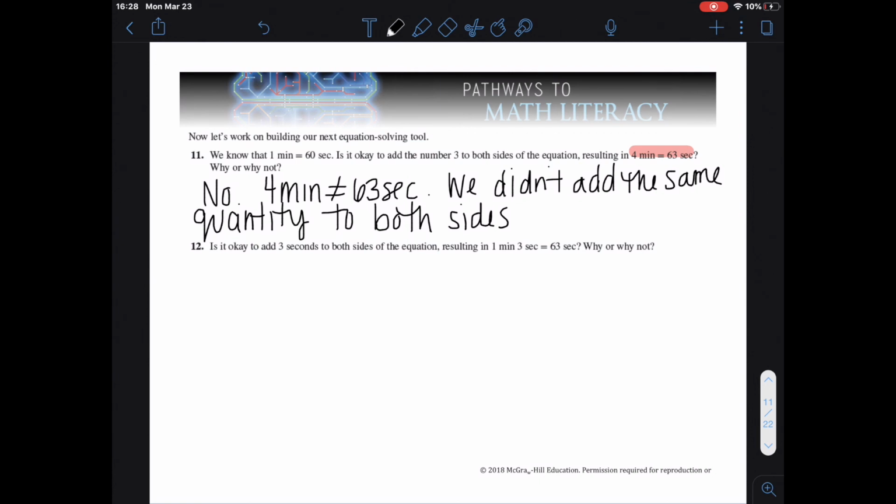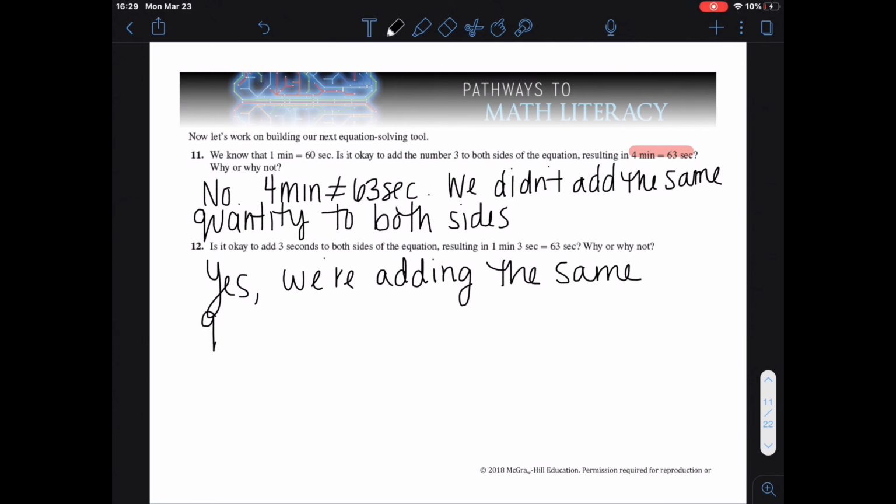Now if we do add that same quantity, when we add 3 seconds to both sides, 1 minute, 3 seconds is equal to 63 seconds. Yes, this is okay. We're adding the same thing to both sides. So we're adding the exact same quantity to both sides. Okay.